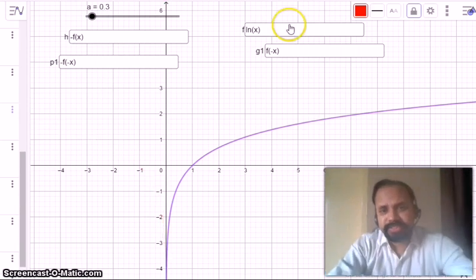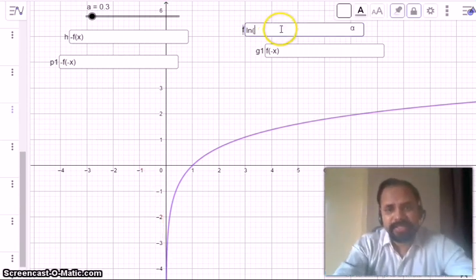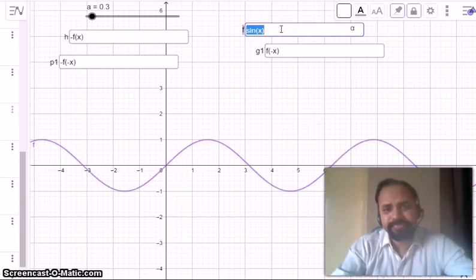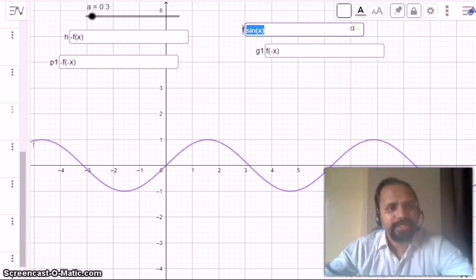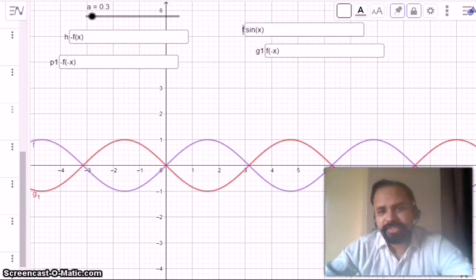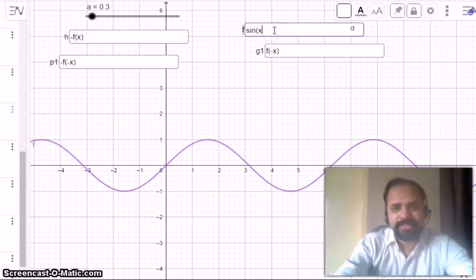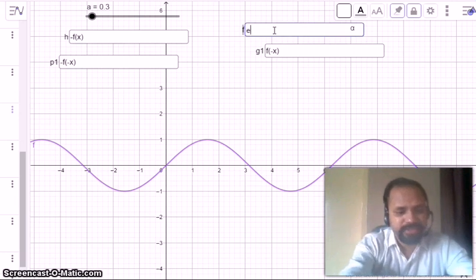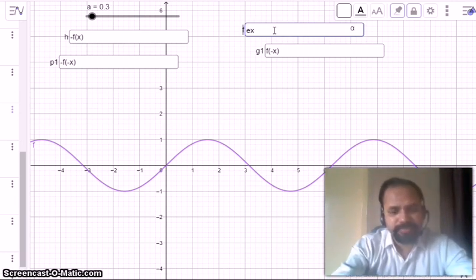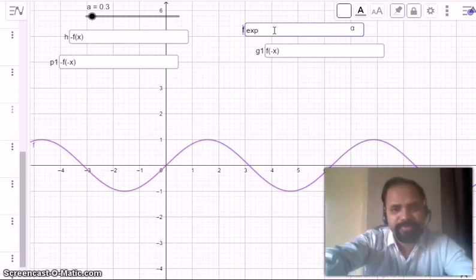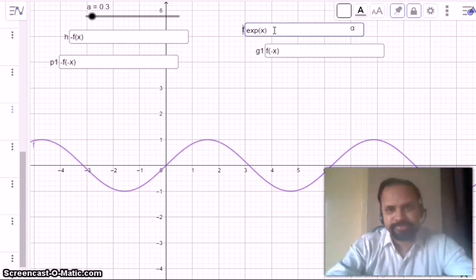If we want to change the graph, then simply if we want sin x, then also consider this one. Please see the y-axis as a plane mirror and simply draw the graph. Again, come to the exponential function, exponential of x.